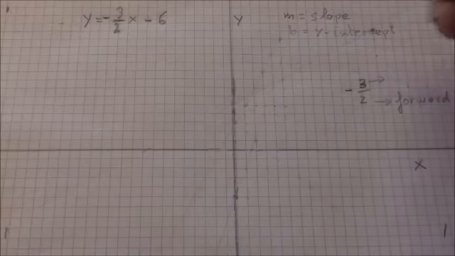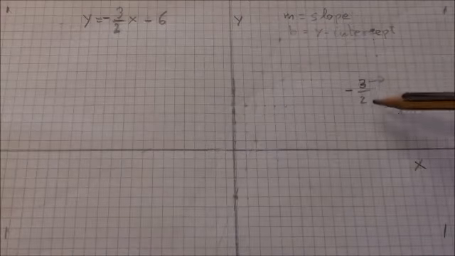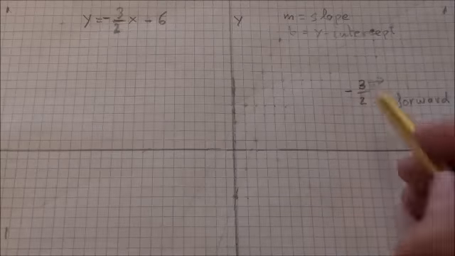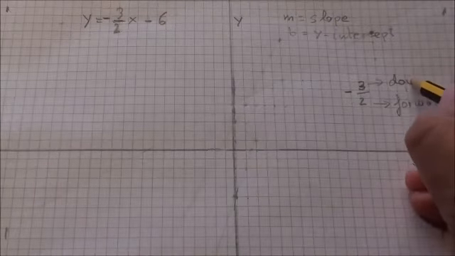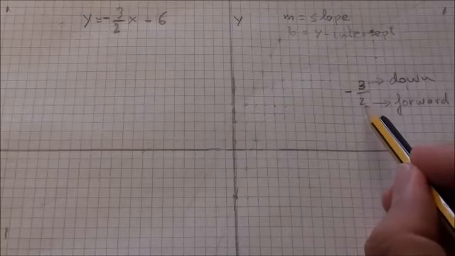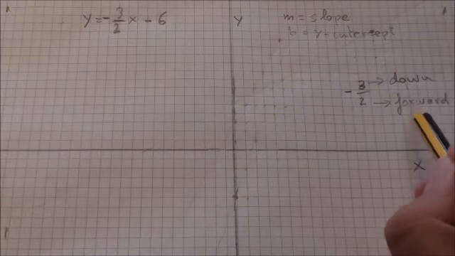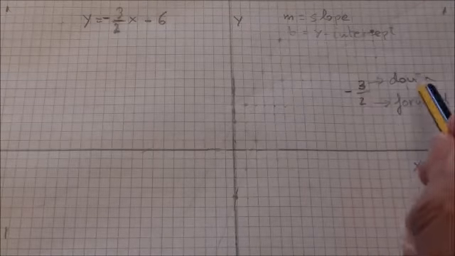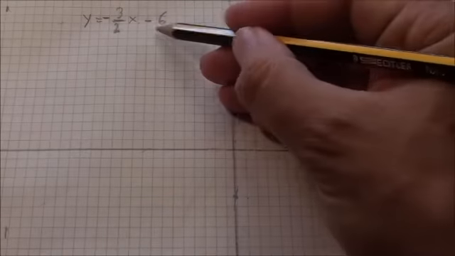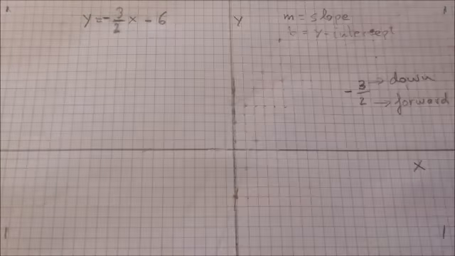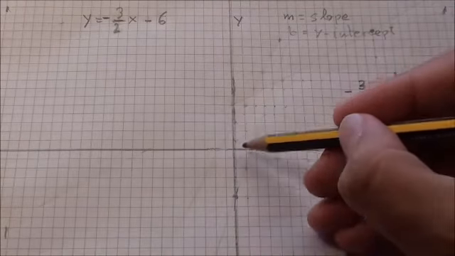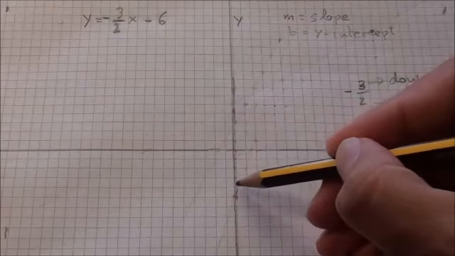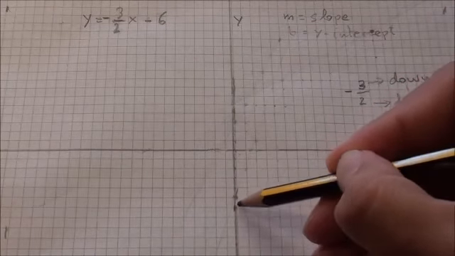Remember that now the slope is -3/2. That means -3 means that we go down. So for each 2 units that we go forward, we go 3 units down. And where do we start? We start at -6. So 1, 2, 3, 4, 5 and -6.